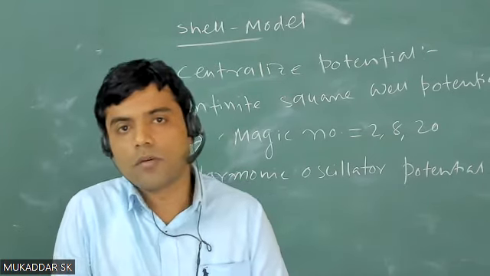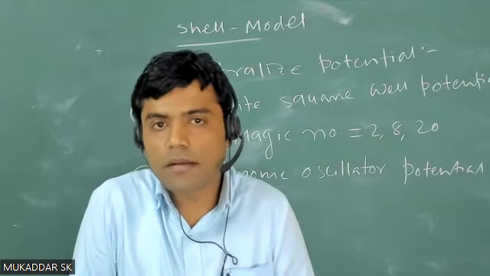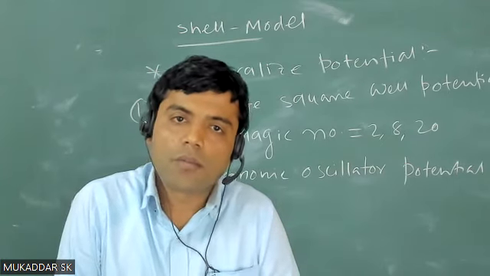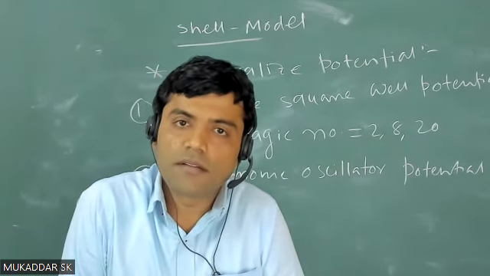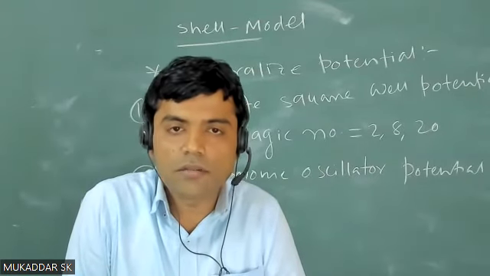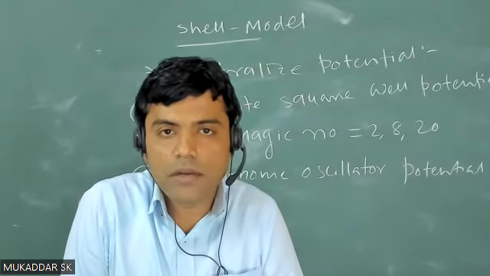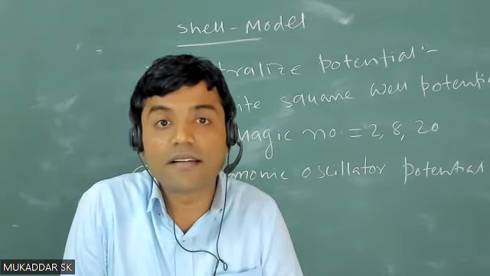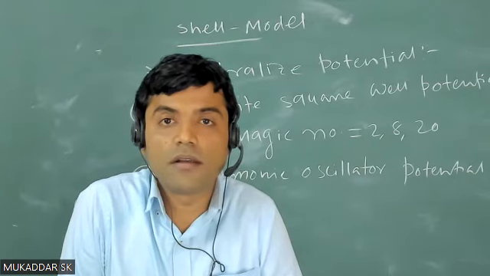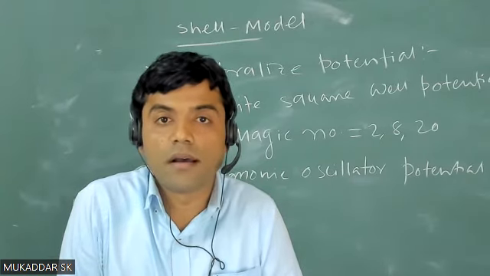So when they take the harmonic oscillator potential, again that potential describes that the nucleus has a shell structure. But the additional point here is that the harmonic potential introduces degeneracy in a shell, or degeneracy within the level.